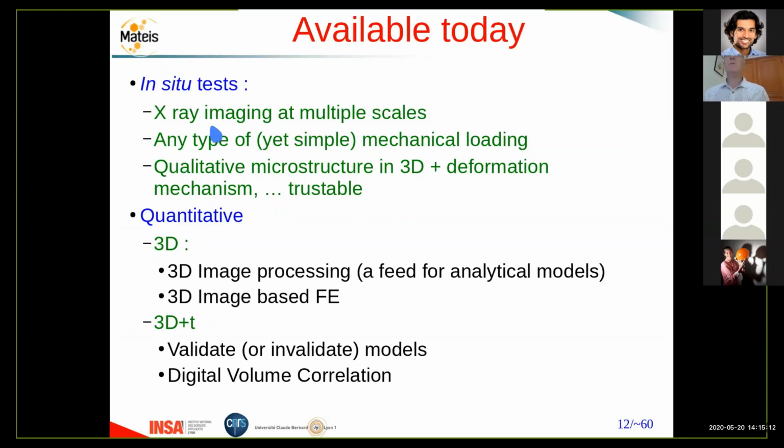And based on these images, because you have three-dimensional images, you can make 3D image processing, which will allow you to feed some subsequent analytical models, for example, or to feed numerical simulation, which are directly based on the images that you have obtained. And I will show you several examples of this type of approach.